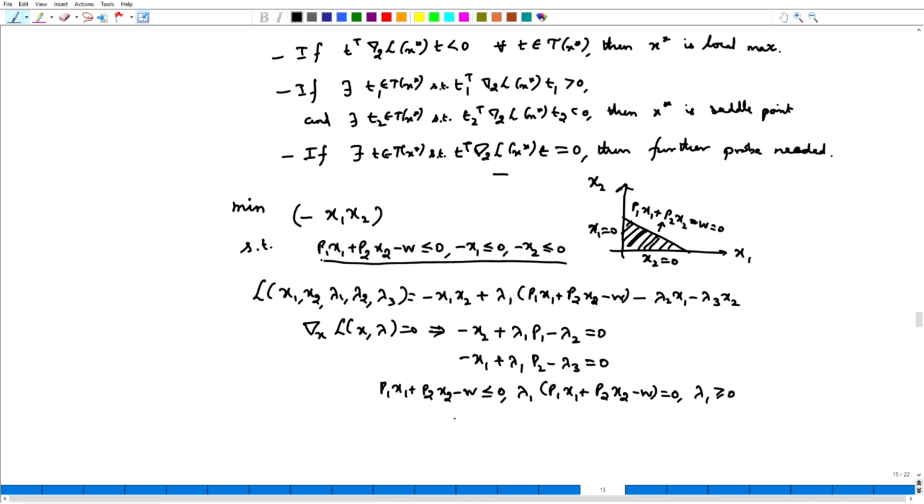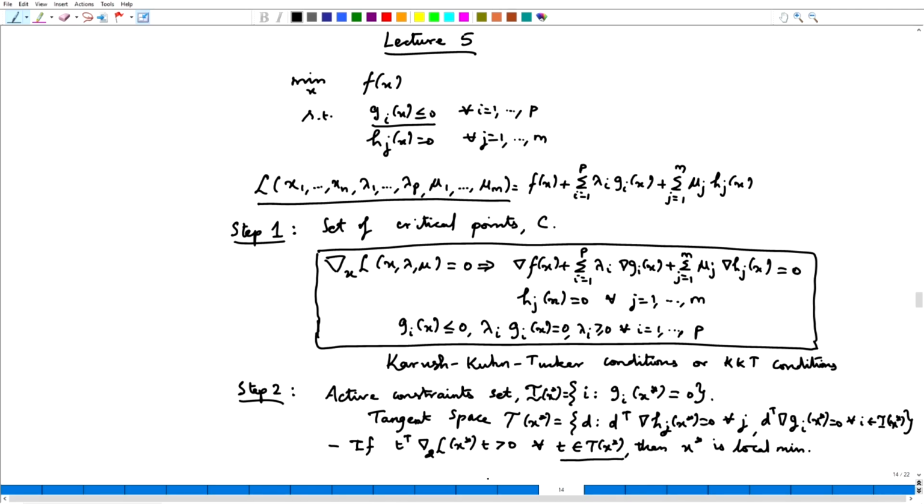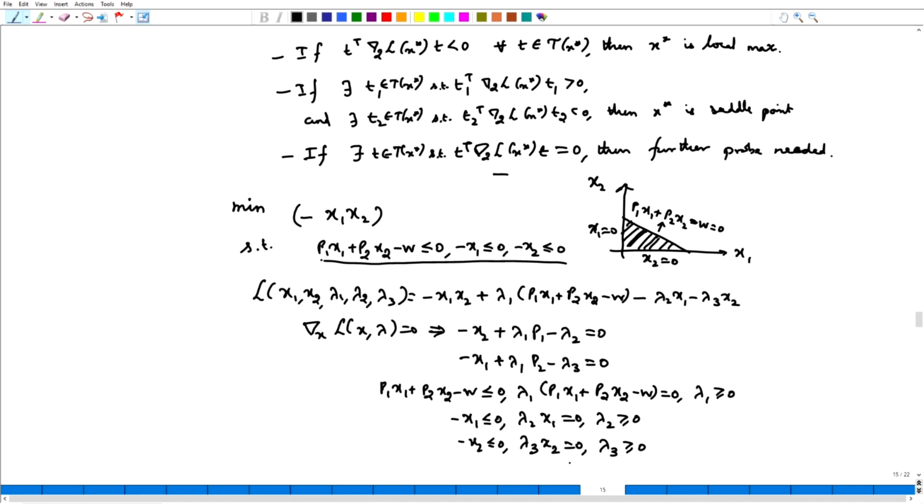And similarly, you have minus x1 less than or equal to 0, lambda 2 x1 equal to 0 and lambda 2 greater than or equal to 0, minus x2 less than or equal to 0, lambda 3 x2 equal to 0 and lambda 3 greater than or equal to 0, right. I have just copied down these constraints that I have boxed here.